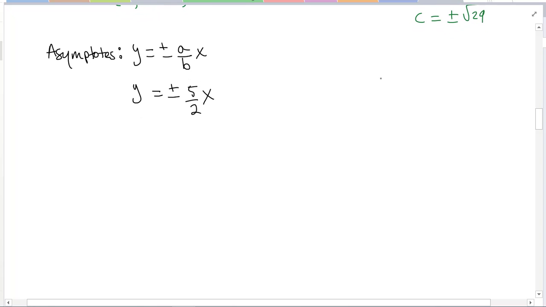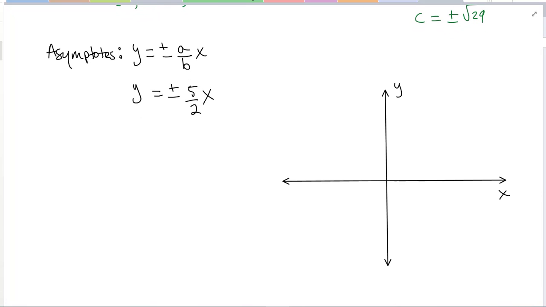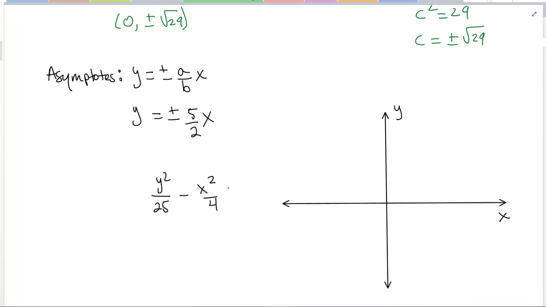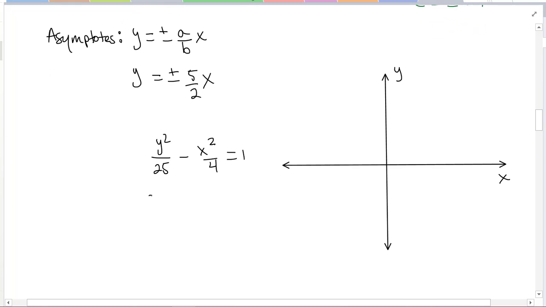So let me graph it over here. I'm just going to rewrite it so that I have it visible: y squared over 25 minus x squared over 4 equals 1. And I know that a is 5 and b is 2.